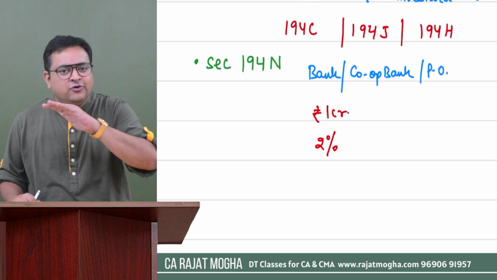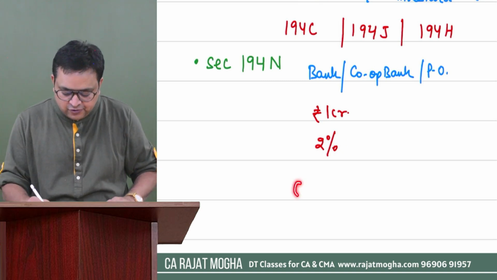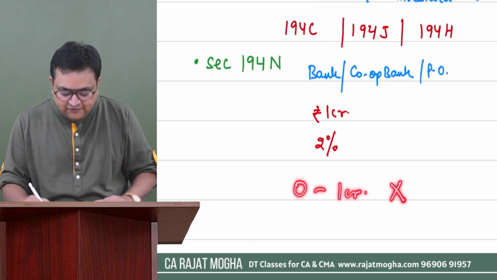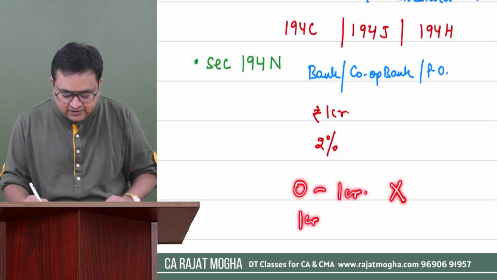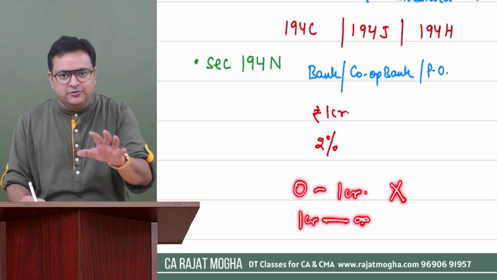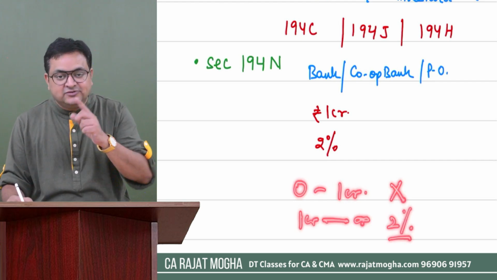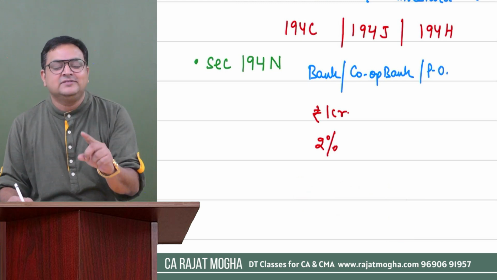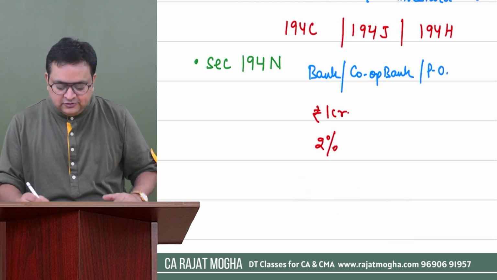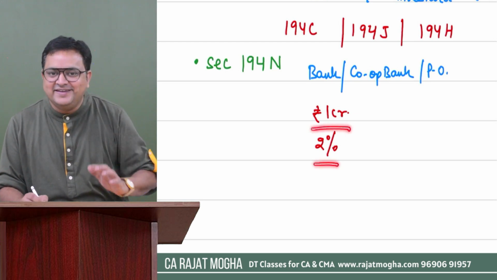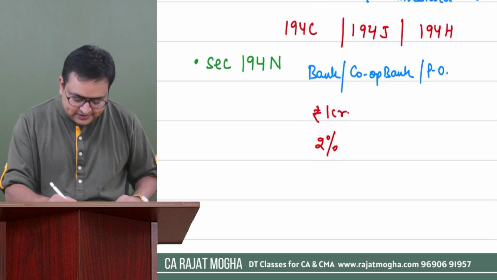Up to 1 crore, we are not going to deduct anything. So if you withdraw 0 to 1 crore, we are not going to deduct any TDS. And if it is more than 1 crore, on the amount above 1 crore, we are going to charge 2%. So it is not on the entire amount. Please understand, it is in excess of 1 crore. So the threshold limit is 1 crore and the rate of TDS is 2%. Easy. Okay.